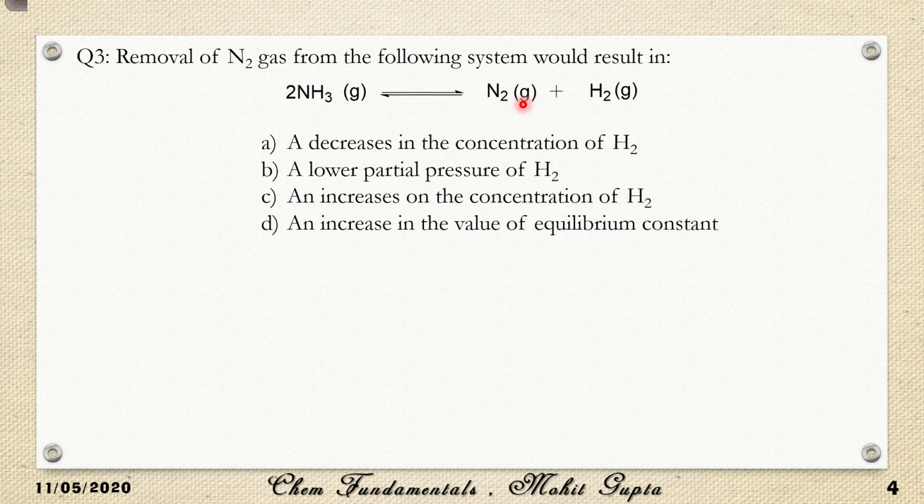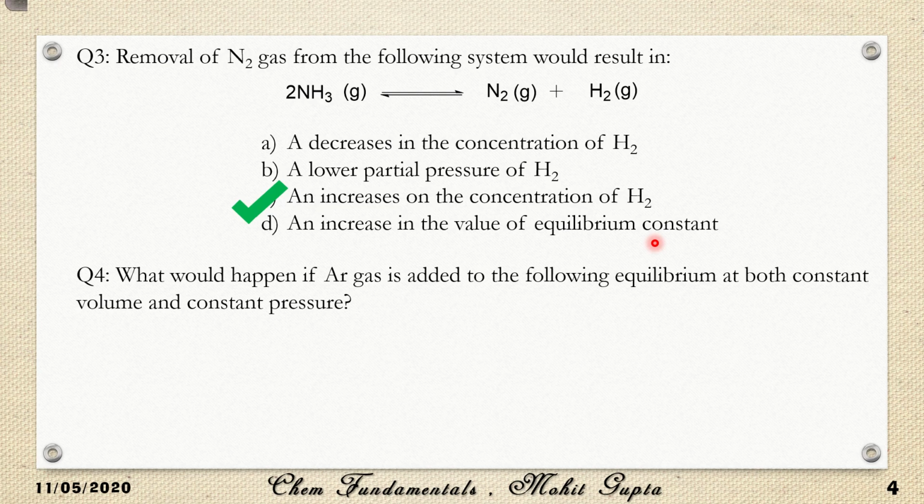Now we are decreasing the concentration of N2, which means the concentration of product divided by the concentration of reactant is low. So the value of the concentration quotient would decrease. But technically we can't say the value of the equilibrium constant would decrease. The value of the equilibrium constant would remain the same at a constant temperature.